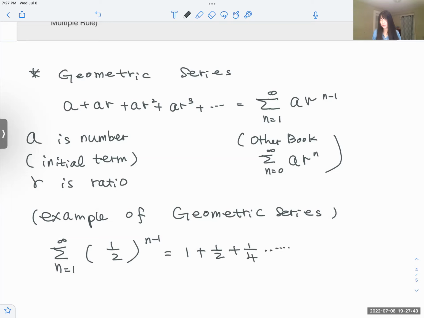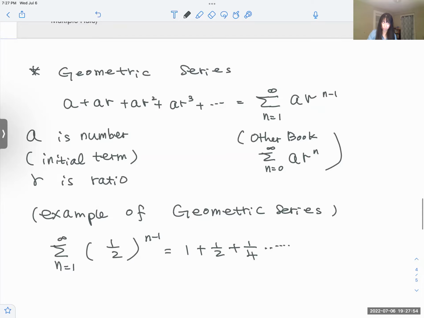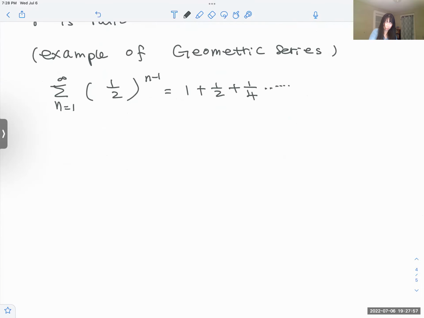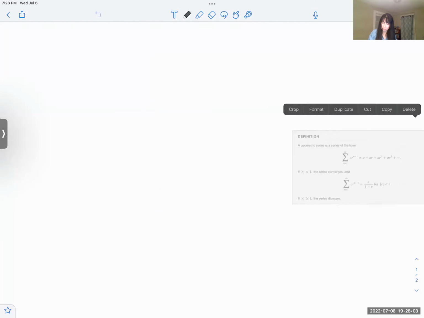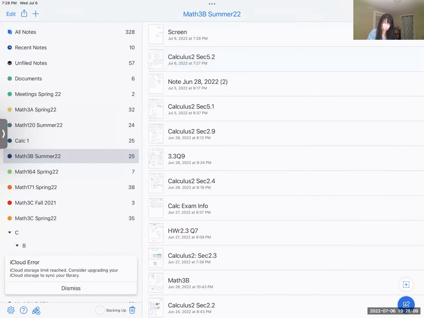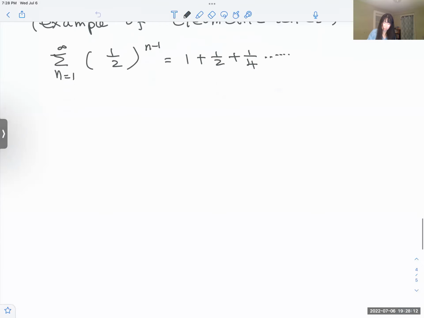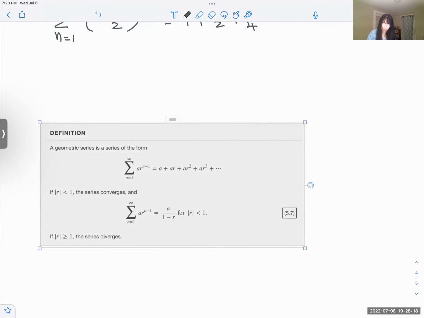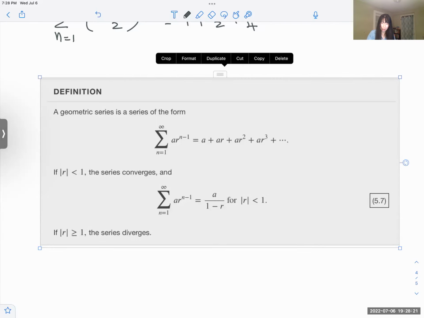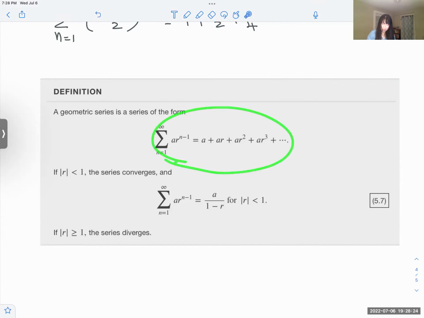Okay, now let me prove. We have this definition. This is the geometry series definition, so this is what I wrote down earlier, right?